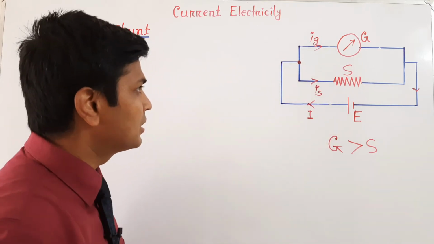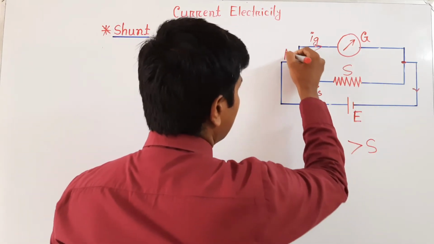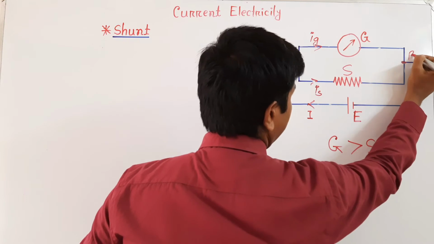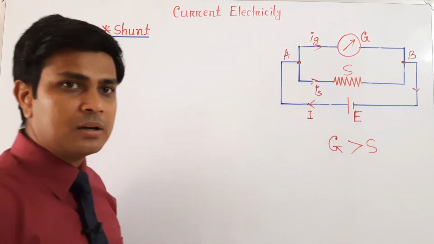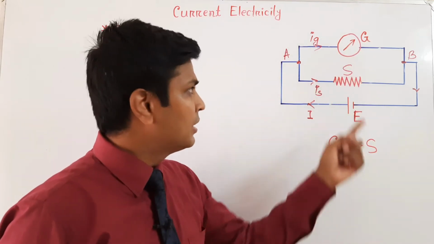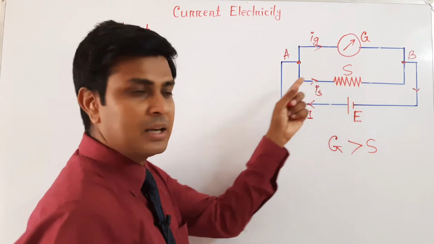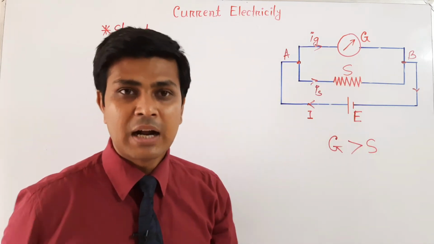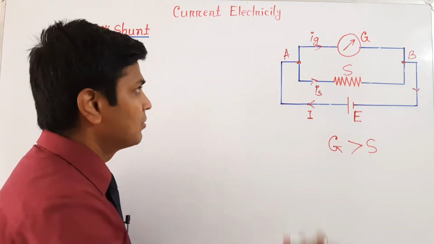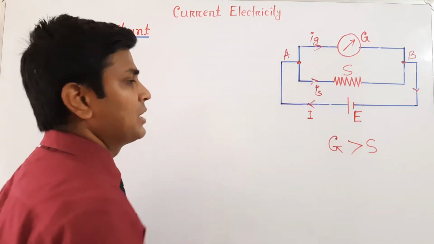Let's consider the potential difference between these two points. As these are in a parallel circuit, with the galvanometer resistance G and shunt resistance S in parallel, the current will divide but the voltage will be the same. The voltage difference across the galvanometer is V.